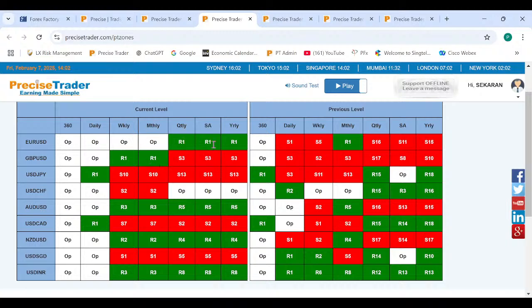But quarterly, semi-annual, yearly, it is all trading on the support. So this tells you that even though this market is going up, it has to come down. The same thing for dollar yen. Now the daily is going up, your weekly is down, so it has to turn down. This kind of information is known to you, and definitely it will be beneficial in your trading.